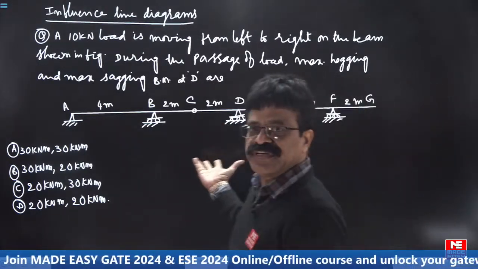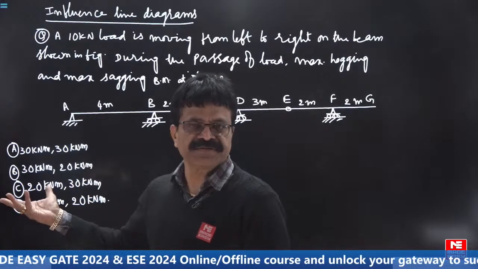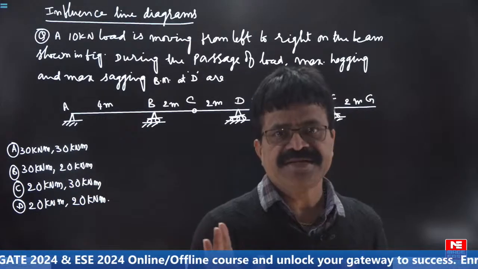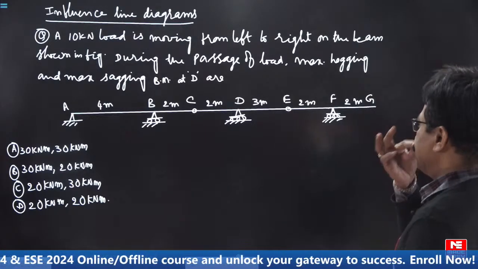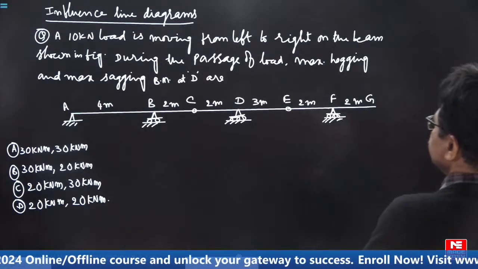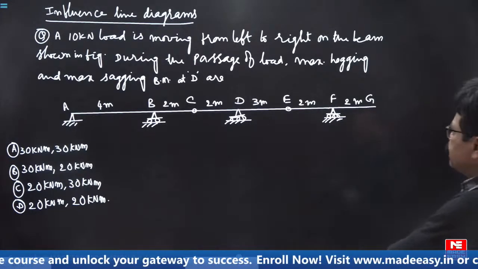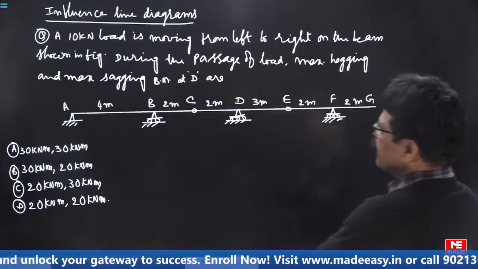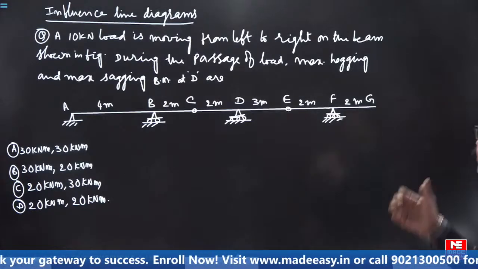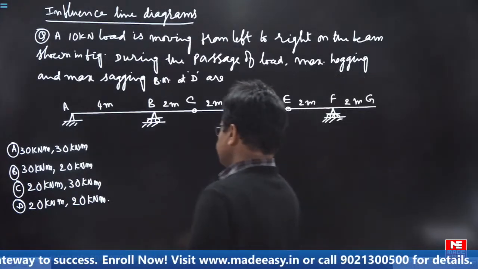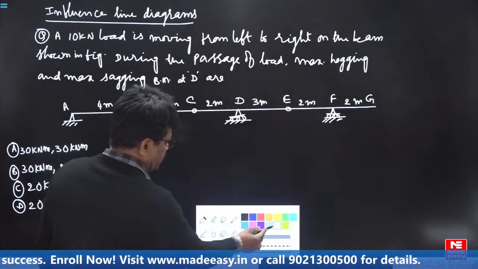It can be given for a 1 mark or 2 marks question, allotted time 30 seconds. A 10 kilonewton load is moving from left to right on the beam shown in figure. During the passage of load, we want to find the maximum hogging and maximum sagging bending moment at D.